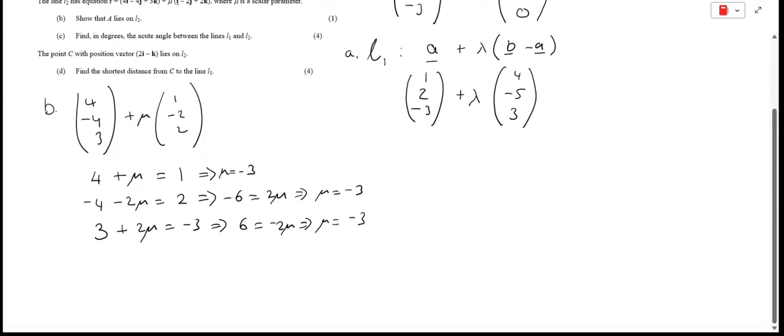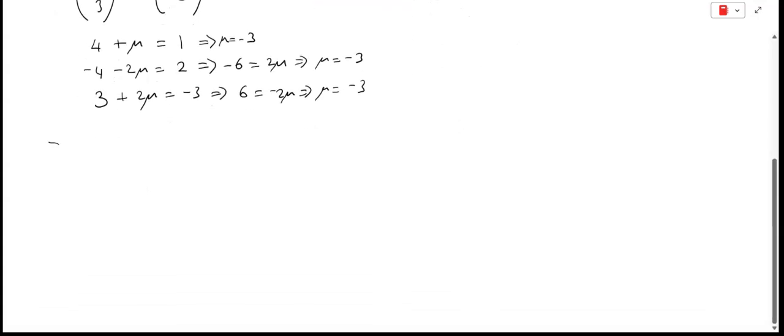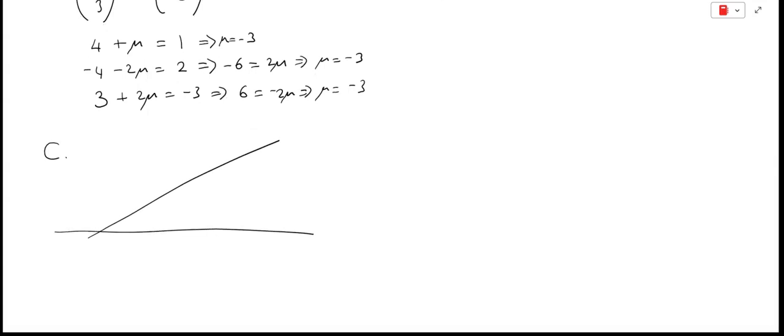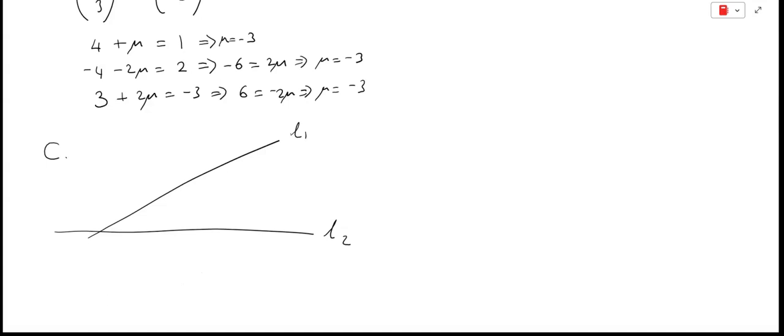Part C then says find, in degrees, the acute angle between the lines. So let's sketch it in 2D. These are 3D lines, so it doesn't really matter how you sketch it. So this is line 1, this is line 2. We know that they both intersect at point A, so you can label this A if you want.